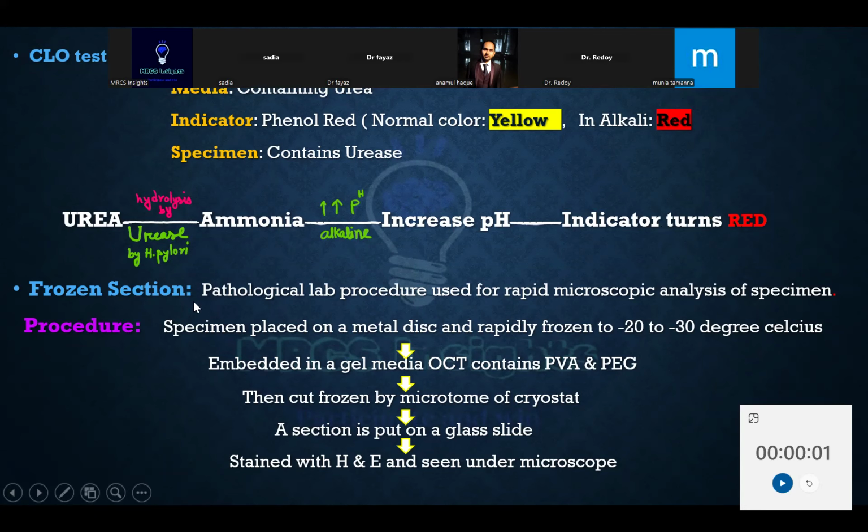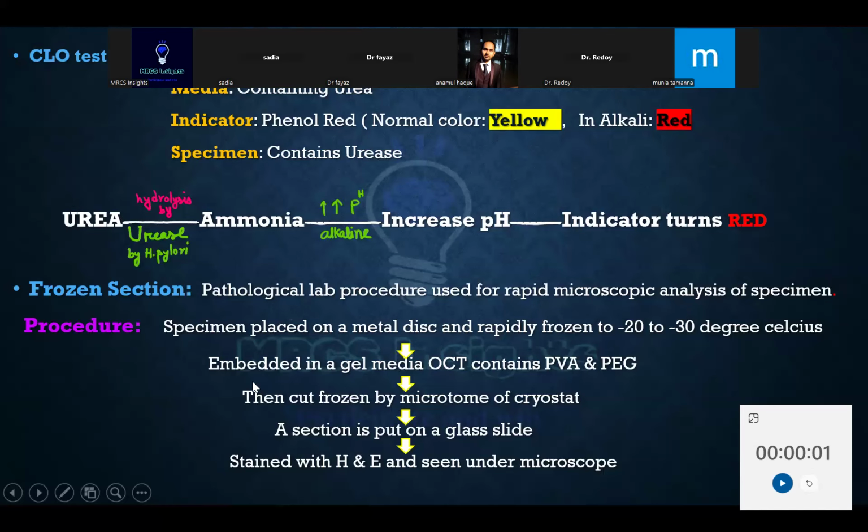Now the frozen section, just a little introduction. It's a pathological laboratory procedure used for rapid microscopic analysis of a specimen. How is it done? The specimen is placed on a metal disc and rapidly frozen to -20 to -30 degrees Celsius.